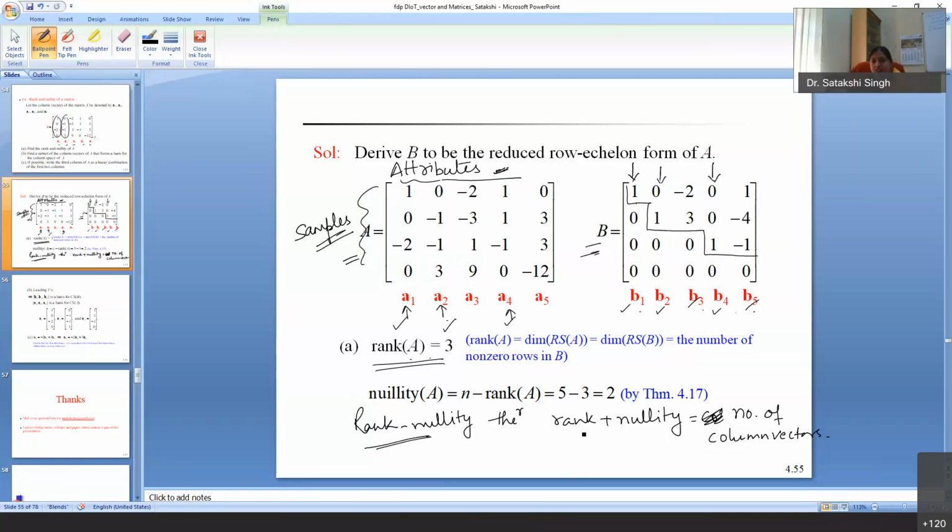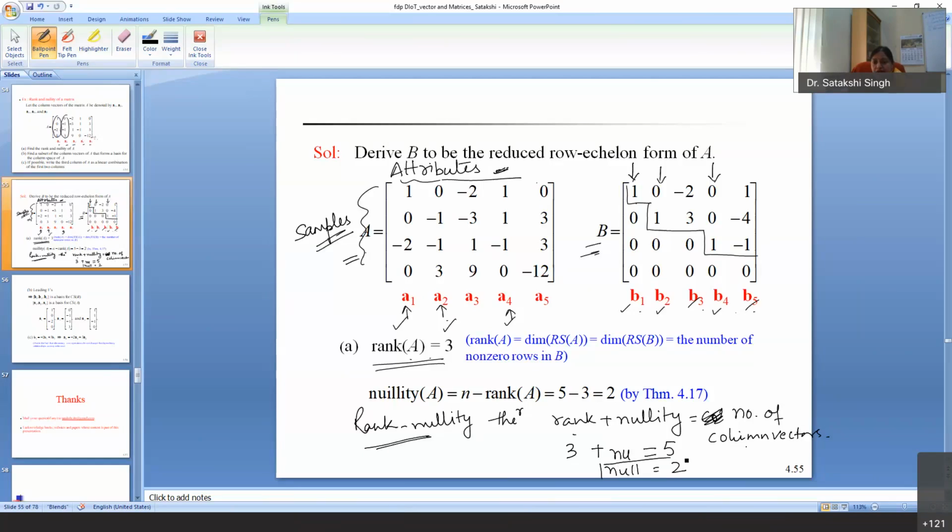The rank nullity theorem says the rank plus nullity is equal to the number of column vectors. So in this case, we got the rank equal to 3, which was the number of linearly independent columns, plus nullity we have to find out, and this is equal to the number of columns. How many columns were there? 1, 2, 3, 4 and 5. So from that we get nullity is equal to 5 minus 3, that is 2.